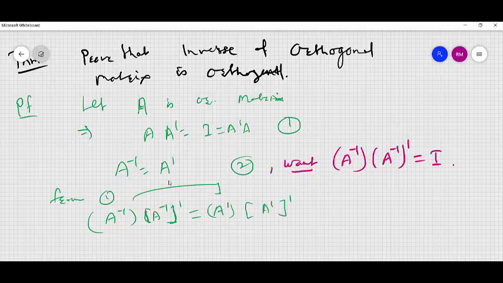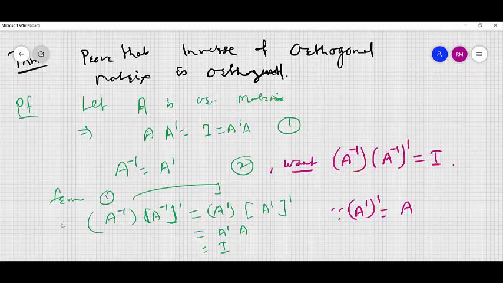What is A dash dash? That is A, because the transpose of the transpose is nothing but the original matrix. So A dash A from 1, that is I. So we succeeded in getting this.